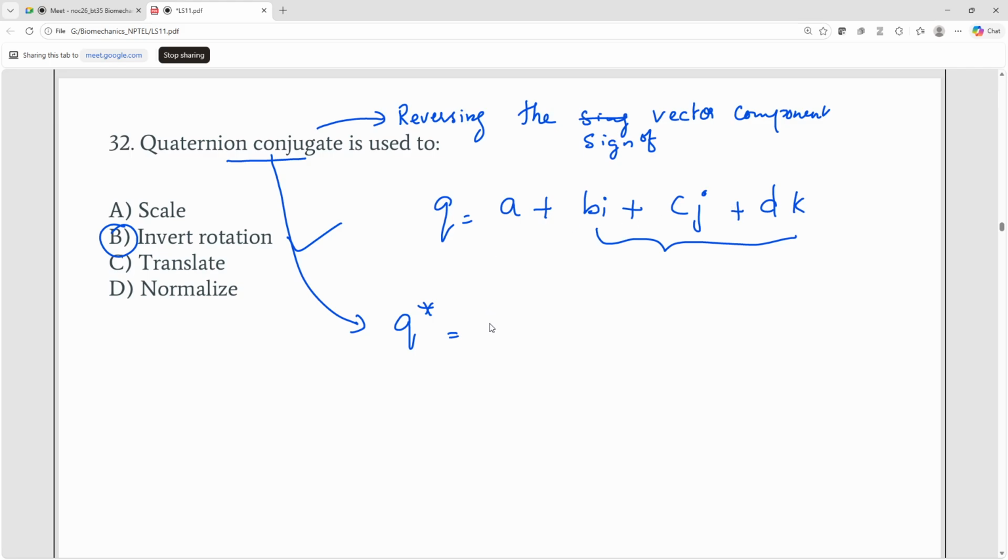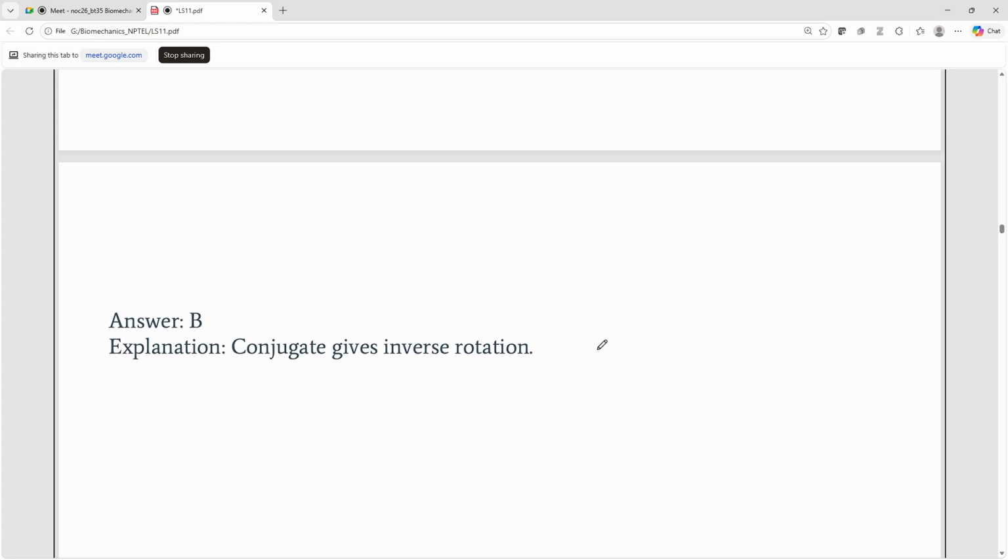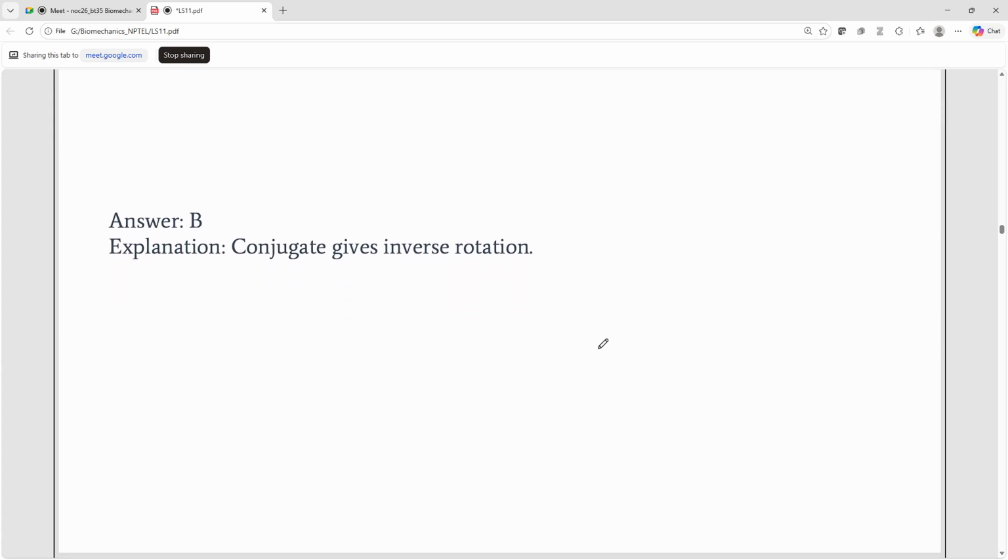By reversing the signs, it becomes a - bi - cj - dk. So this gives the inverse of the rotation. So quaternion conjugate is used to invert the rotation. Correct answer is option B.